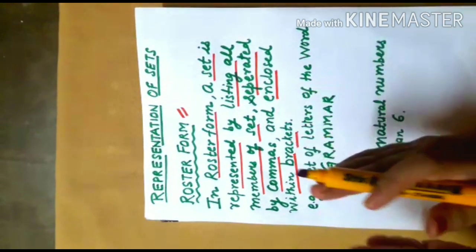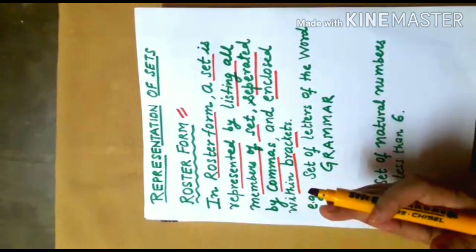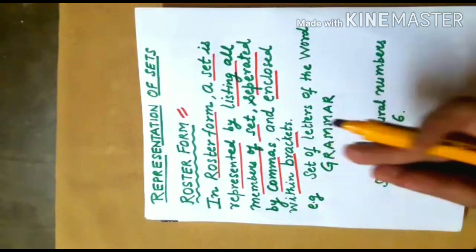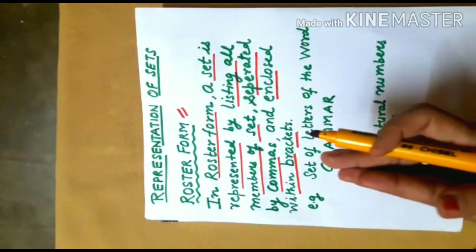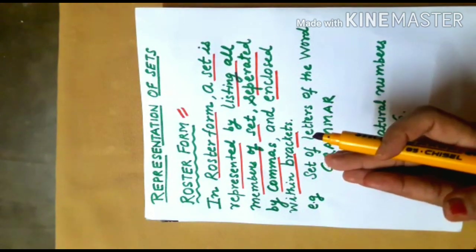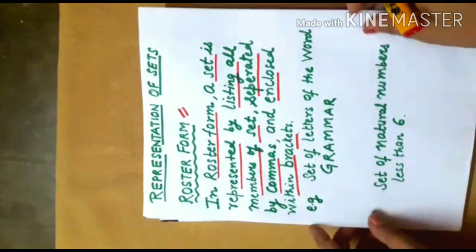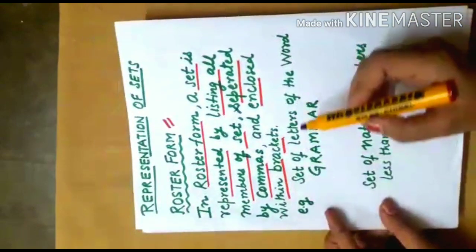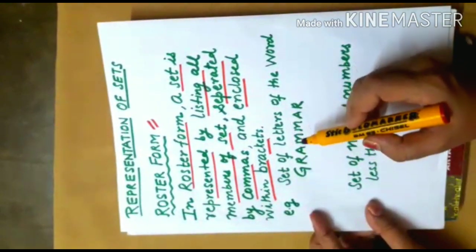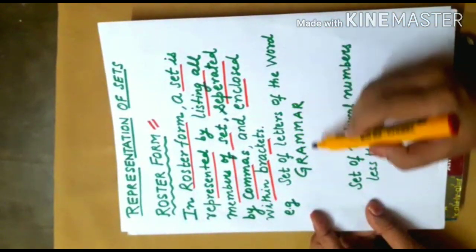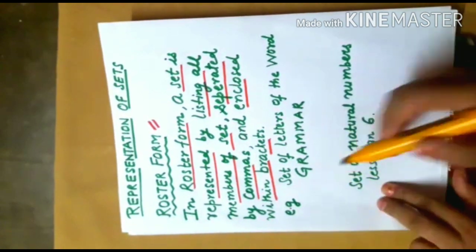That means when we represent a set in roster form, we list all the elements of that set without repetition. For example, set of letters of the word grammar.